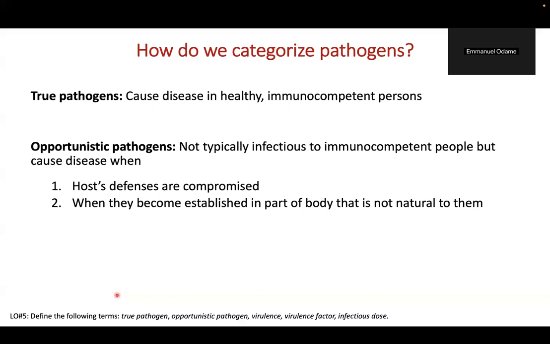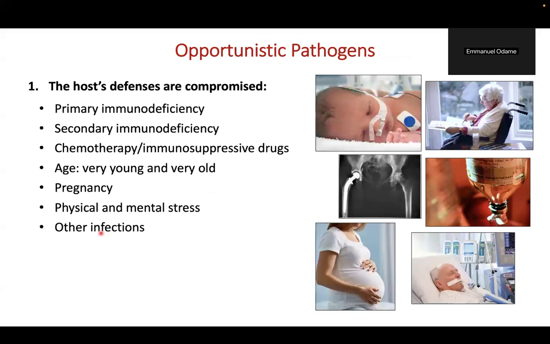And the opportunistic pathogens are normally not typically infectious to the immunocompetent person, but cause disease when the host immune system is compromised. So once the true pathogens have caused the problem and the immune system is compromised, then the opportunistic pathogens will take over. And sometimes they also become established in a part of the body that is not natural to them.